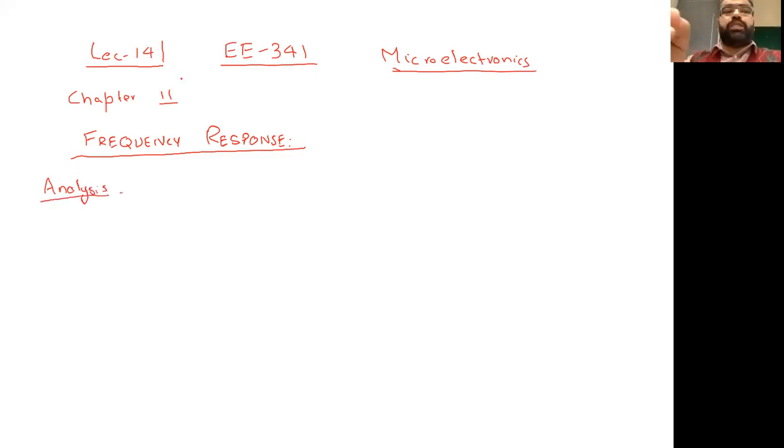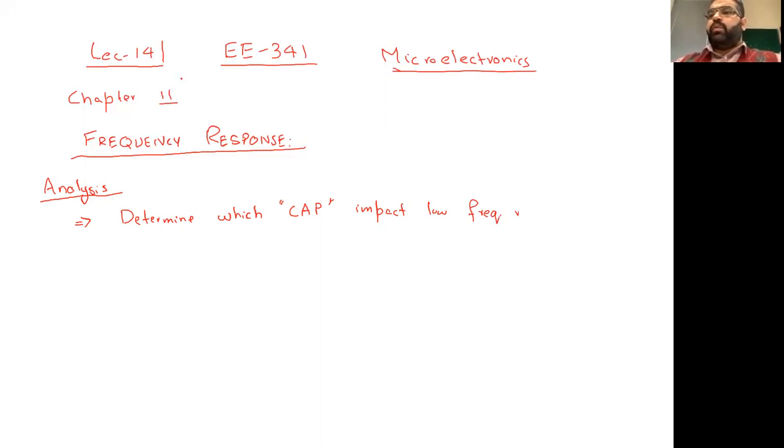The first and most important thing we need to do is determine which capacitors impact the low frequency response. Last time, if you remember, we separated the frequency response into three sections: low frequency, mid-band, and high frequency.